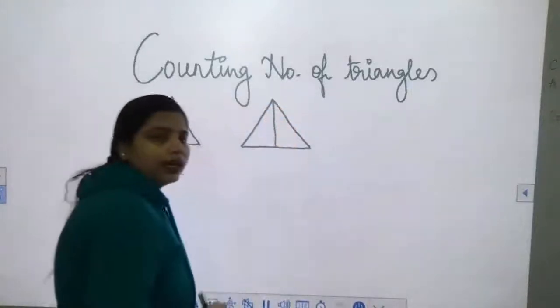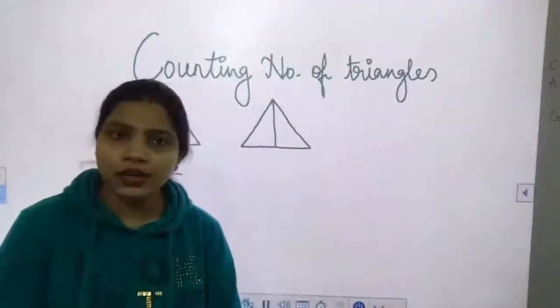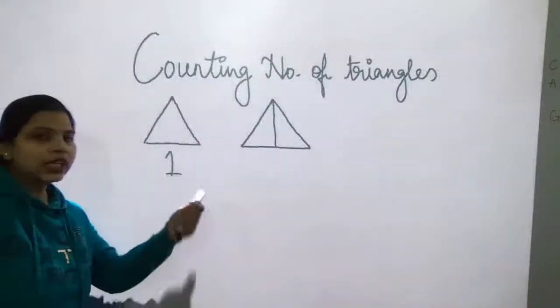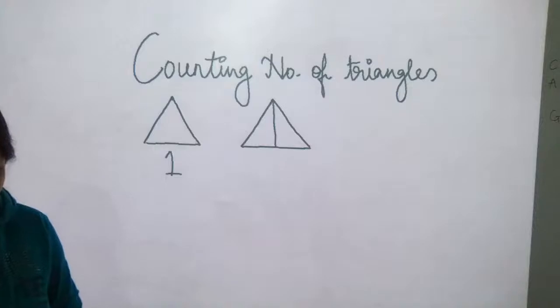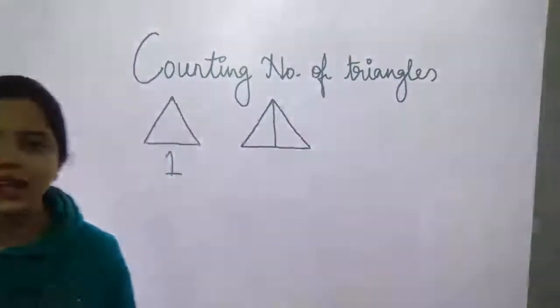Now, if I draw a triangle like this, and I ask you how many triangles are there in this figure, figure 2, can you tell me? Just think and tell me. Can you tell me? Adhyan has said 2.